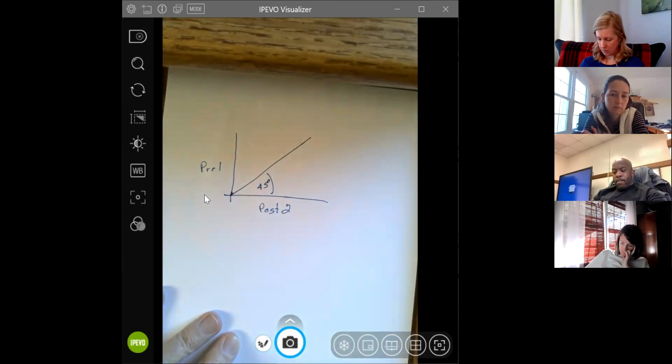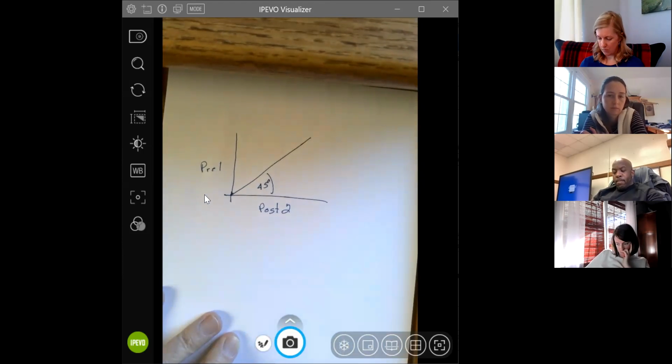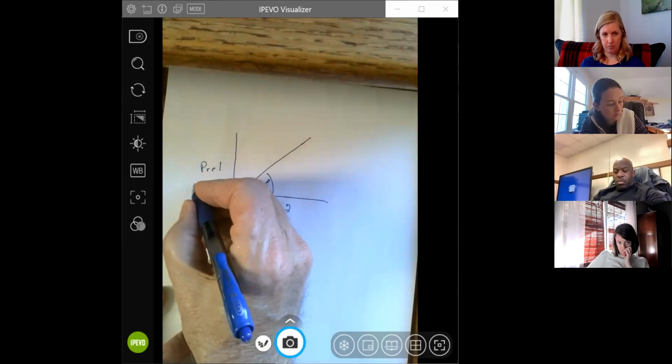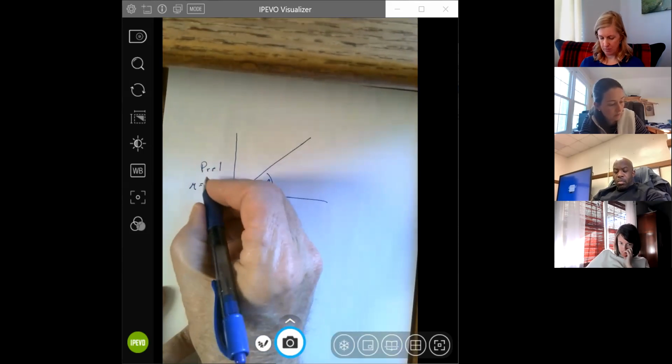That would represent that as one went up, the other one went up. Now, if you think of it another way, as pre-1 and post-1, they have different mean values. Pre-1 is 9.79, post-2 is 6.71.